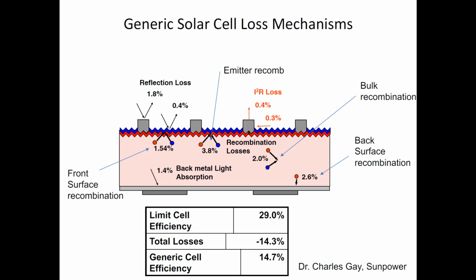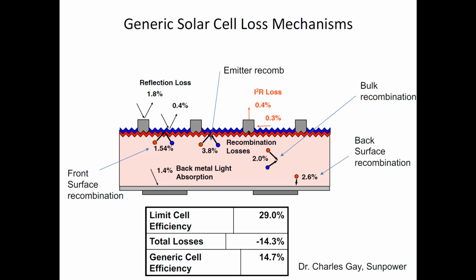Theoretically, in the absence of reflection loss, back metal light absorption, recombination losses, back surface recombination, bulk recombination, in the absence of all these losses, you could still end up with only 30% conversion efficiency with silicon.